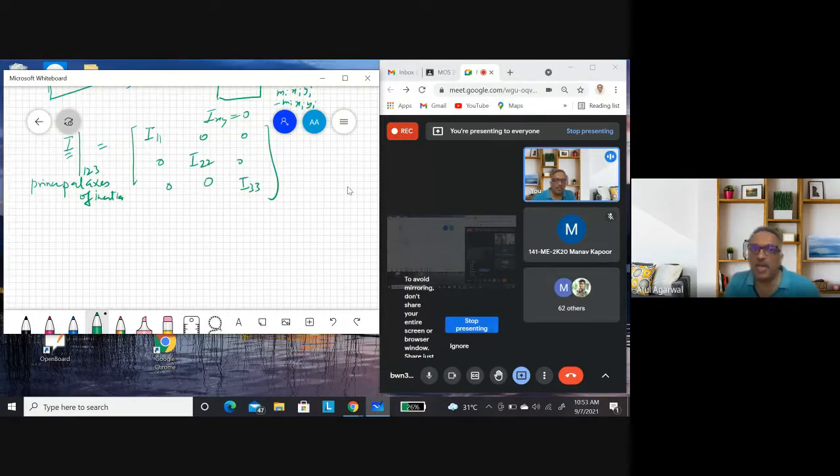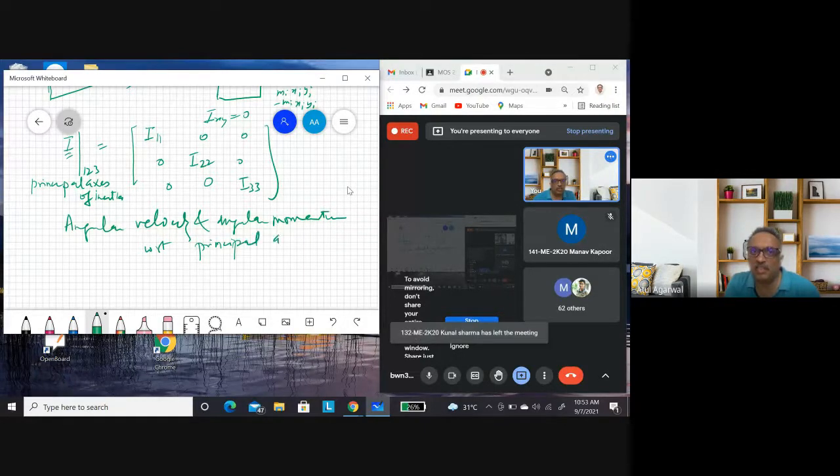Now you are measuring your angular momentum, your angular velocity, with respect to this principal axis. So you have to represent all your vectors with respect to this principal axis.